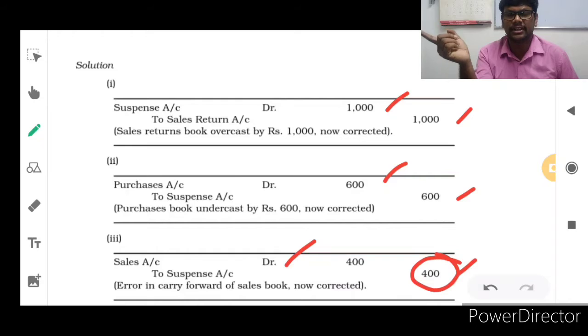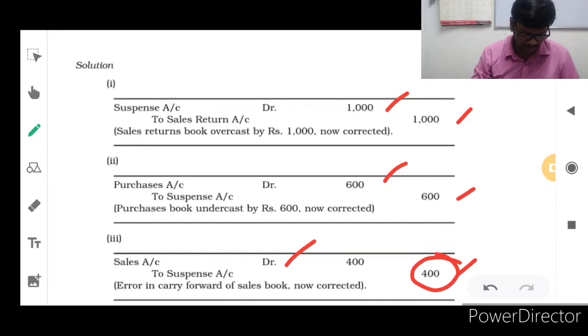So 600 is overcast and 200 is undercast. Both are in the same book, the sales book. So 600 minus 200, 400 will be there. This 400 should be debited to sales account, so sales account is debited by 400 and suspense account is credited by 400 rupees.